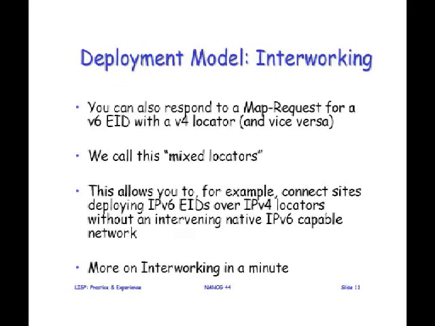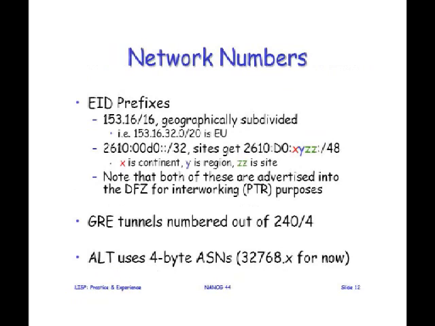Trying to think through how we are really going to get this deployed. So we have some network numbers too. Here's what we did. Andrew Partan, we were sitting around at IETF talking about this, and he goes, oh, well, I happen to have a /16. I go, oh, okay, that's cool. It's 153.16. If you whois on it, you'll find some information about the varied history of this thing.